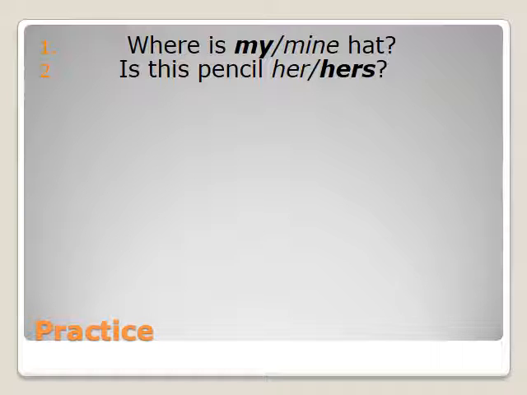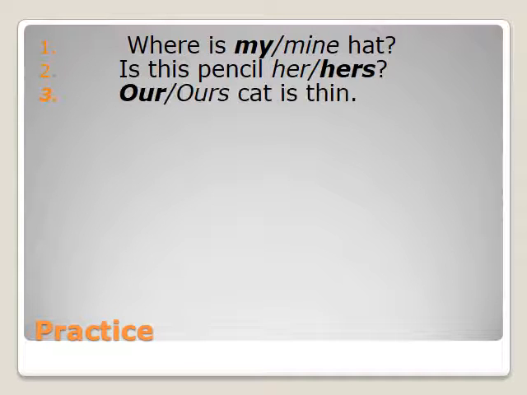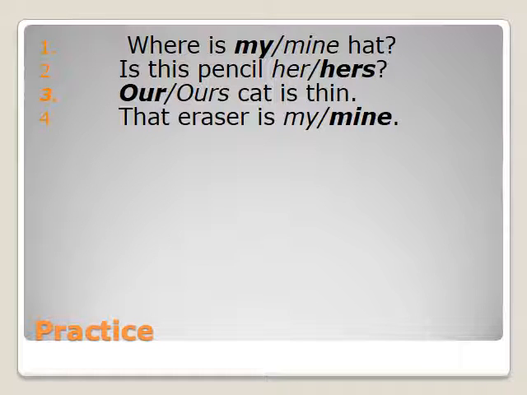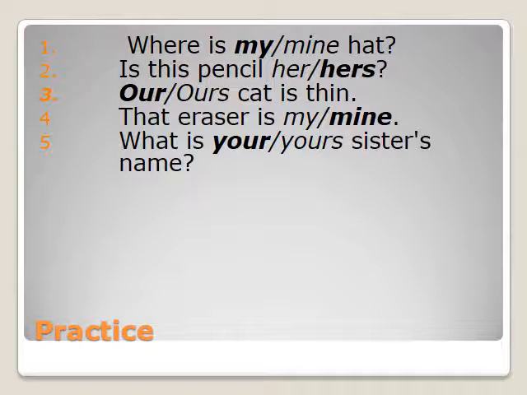Hers is the possessive pronoun, and you can see there's no noun after it. Our cat is thin. That's the possessive adjective, and it's in front of the noun cat. That eraser is mine. This is a possessive pronoun. There's no noun after it.